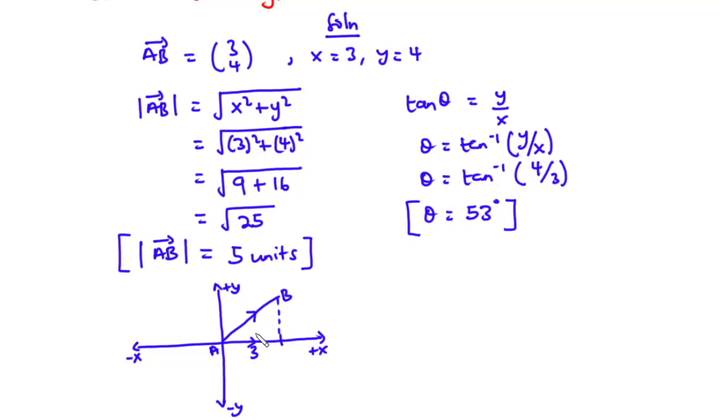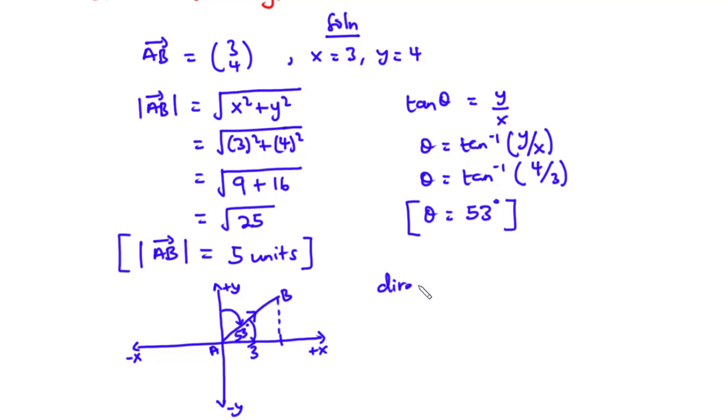This theta is the angle the vector makes with the positive x-axis because it is found in the first quadrant. Now to find the bearing or the direction, we take the measurement from the north, that is the positive y-axis.